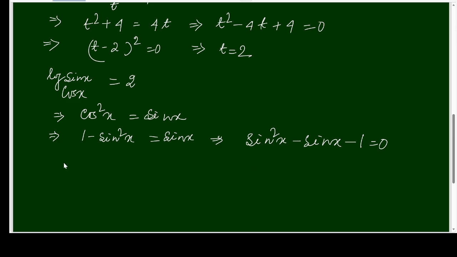So this is a quadratic equation. So here sin x is equal to minus b plus minus square root of b square minus 4ac over 2.